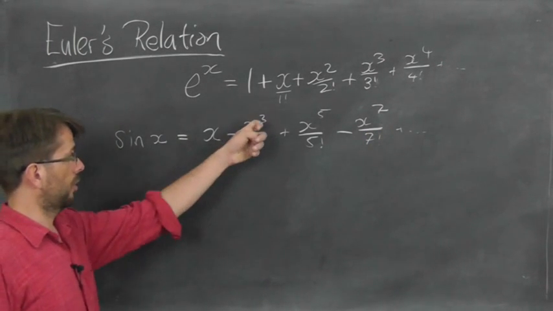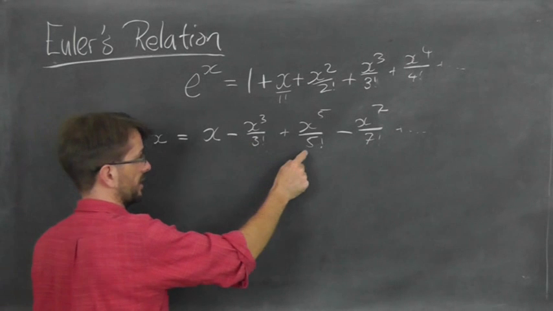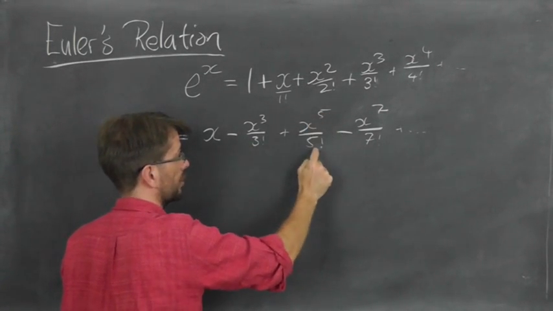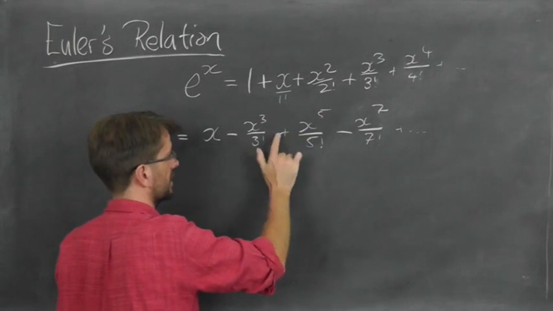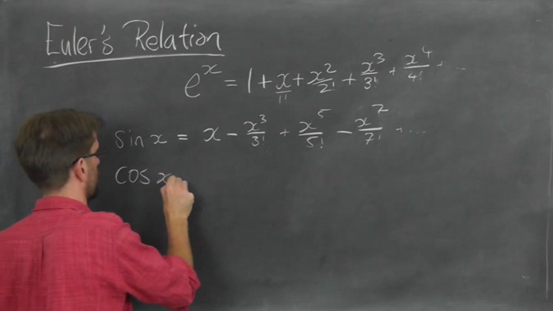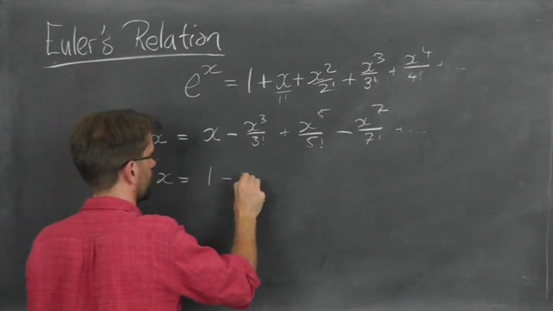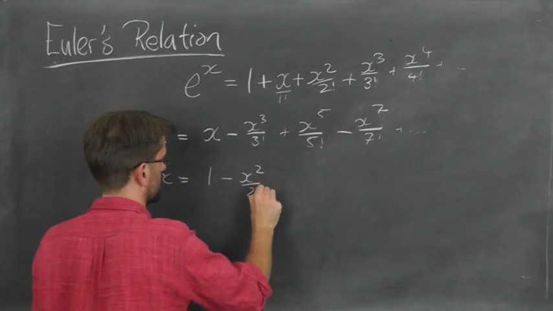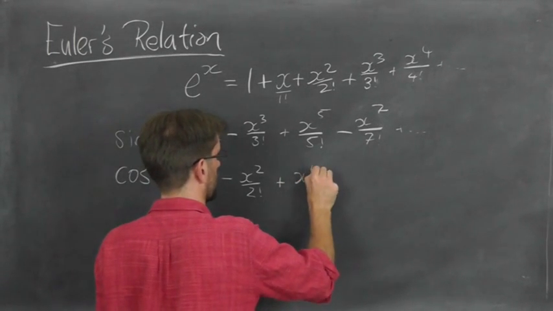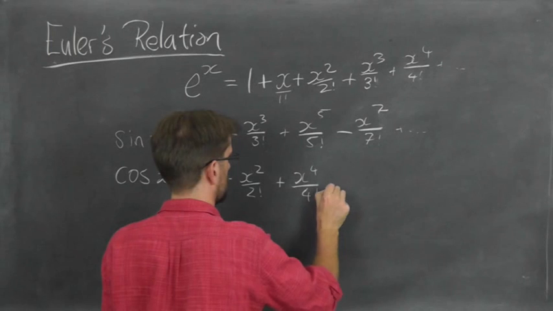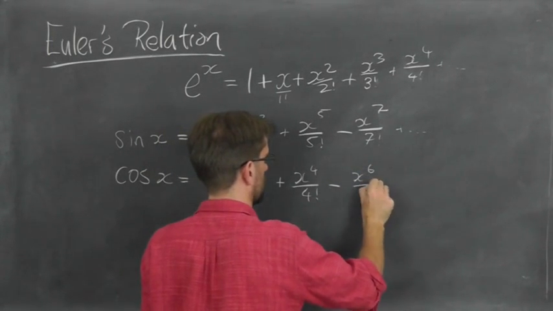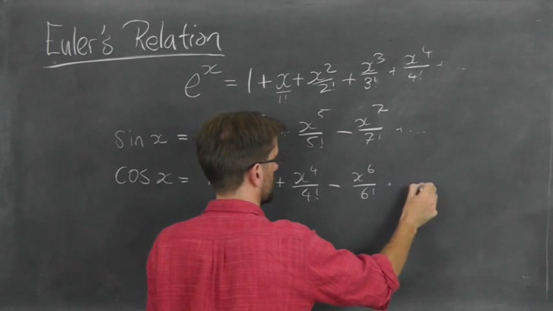So all odd terms, you still have the same factorial at the bottom as we have the number at the top, and the signs are alternating as we go along. Okay, and similarly, there's an expression for cos which begins 1 minus x squared over 2 factorial plus x to the 4 over 4 factorial minus x to the 6 over 6 factorial, etc.